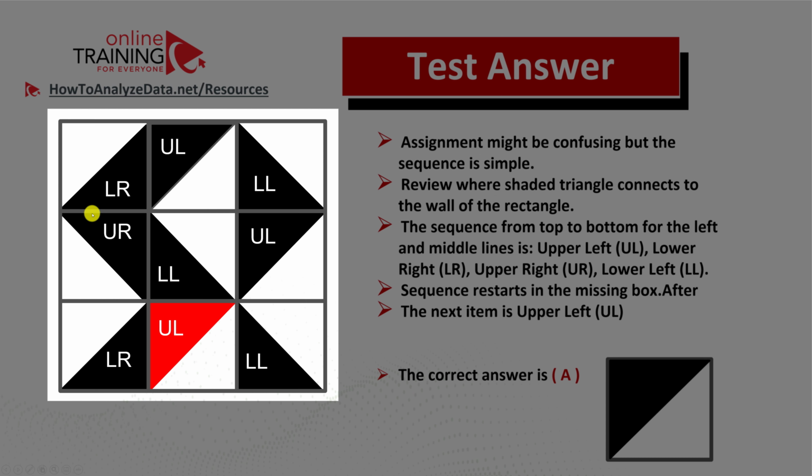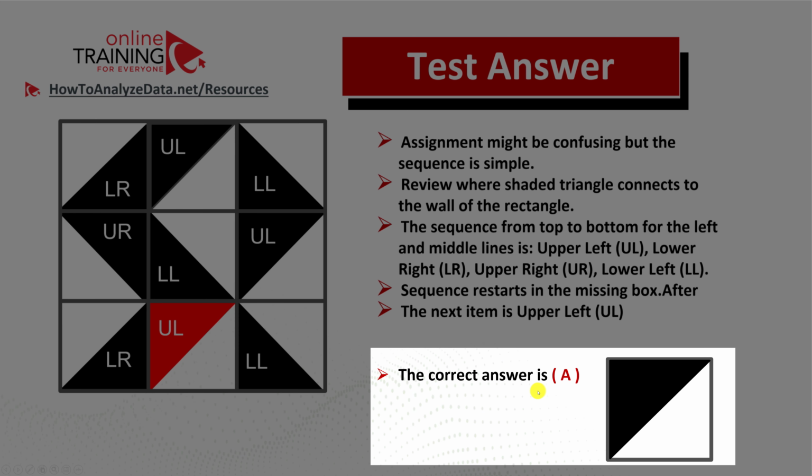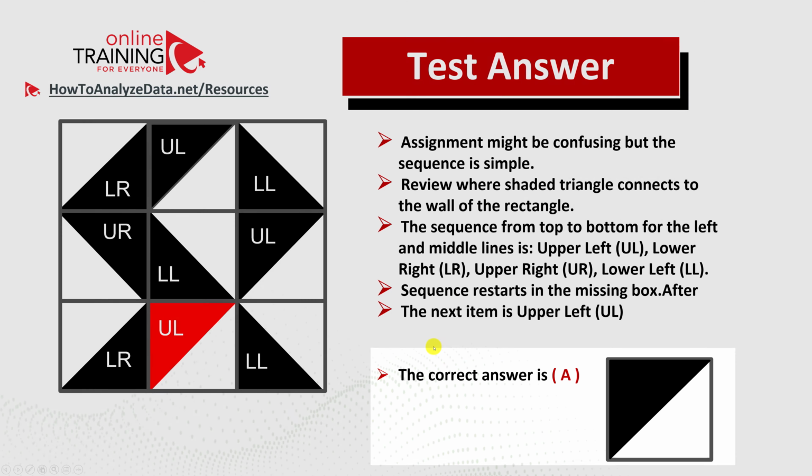Then goes to upper right, and then goes to lower left. And then this is the missing box where we need to find the missing square. And you see that the pattern here restarts. Upper left was the first item in the sequence. So the next item in the sequence would be upper left again. So the correct choice here is choice A, upper left. Hopefully you've nailed this question.